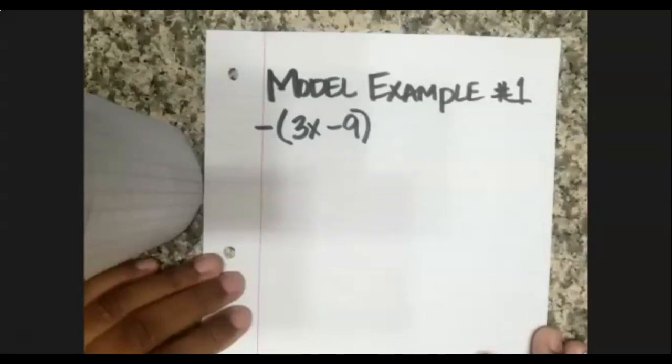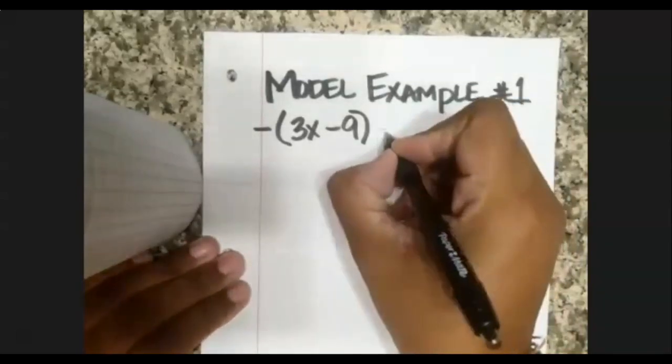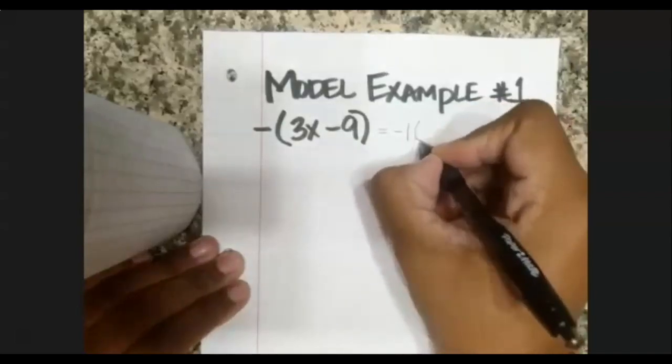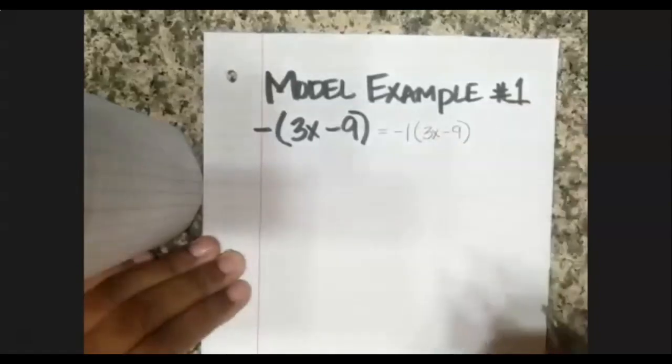Now you will notice on the outside of the parentheses that we do not seem to have a number. Remember, we said that if we do not have a visible coefficient, that is understood to be 1. So we're going to rewrite that with a -1 there. You do not have to rewrite the -1, but it just makes it easier when you're distributing.